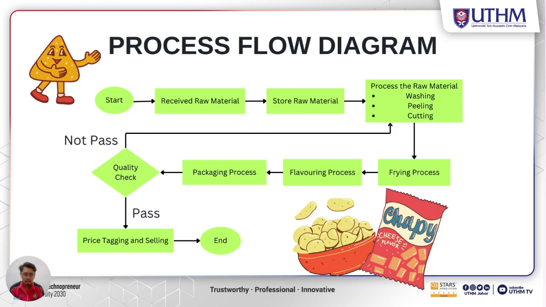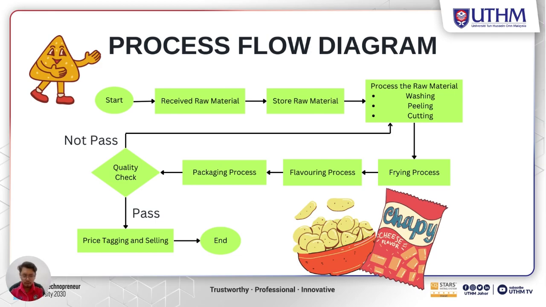Processing the raw material involves washing, peeling, and cutting before it can be fried. After frying the processed raw material, it will go through the flavoring process. Next, after the flavoring process has been done, the chips will be ready to pack. After packing, the product will be checked for quality before it can be sold.